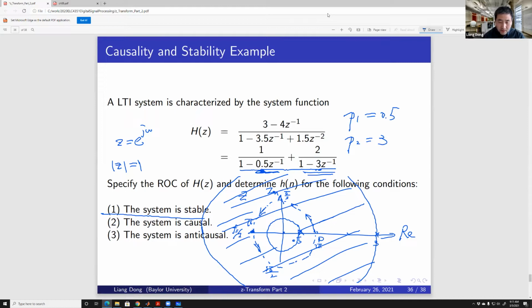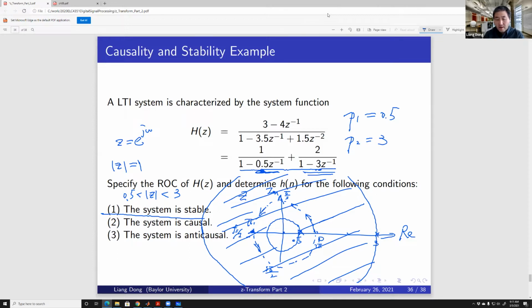This makes sure that the unit circle is in the region of convergence. So the boundary is between 0.5 and 3. Therefore, for the first problem, the region of convergence is 0.5 less than the absolute value of z, less than 3. Do I need to use less than or equal to?